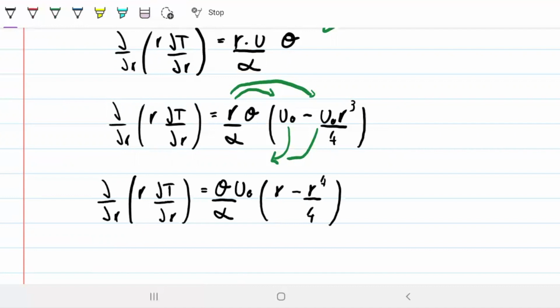Okay, so the next step, and I'll put a little star here because we're going to end up using this in the future. This step here.